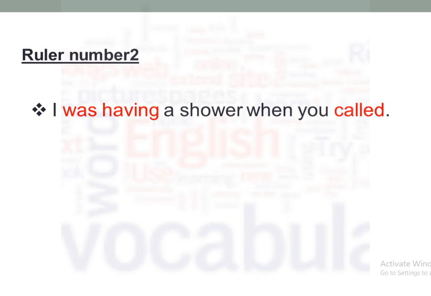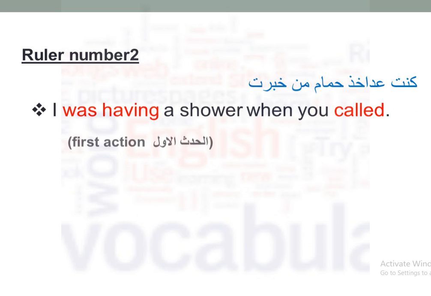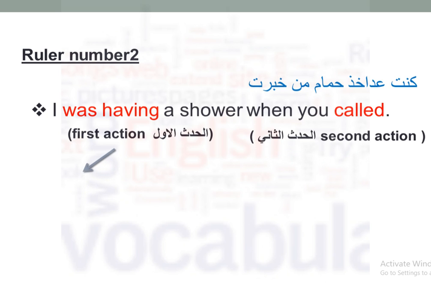I was having a shower. So it means that I was having a shower, then you called me. So I was having a shower. It's the first action that I was doing before you called, which is the second action.